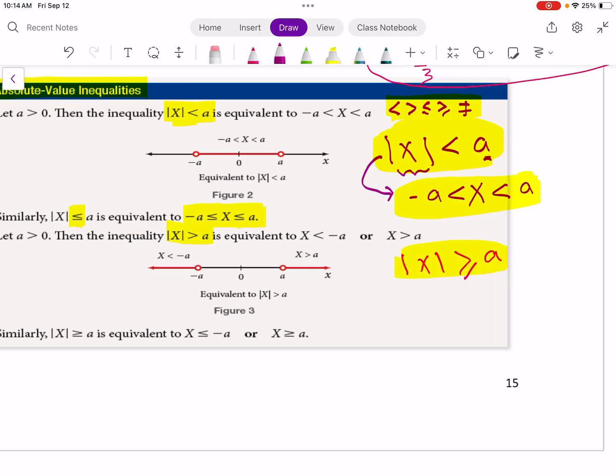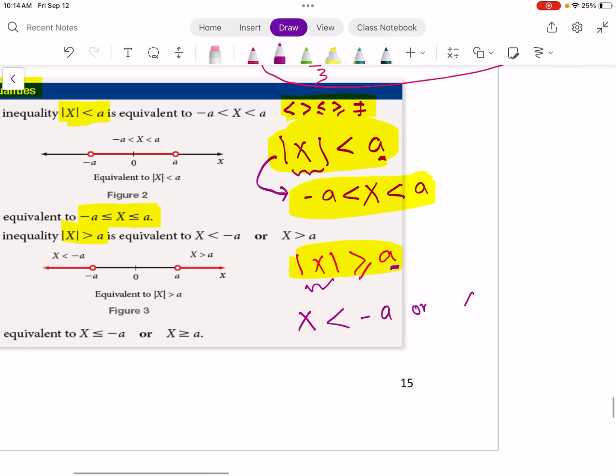For that you write down whatever you have inside this absolute value sign, x, then less than negative of this number, negative a, or then write down the same expression, x greater than positive of this number a. And this is how we can rewrite an absolute value inequality in terms of linear inequality.